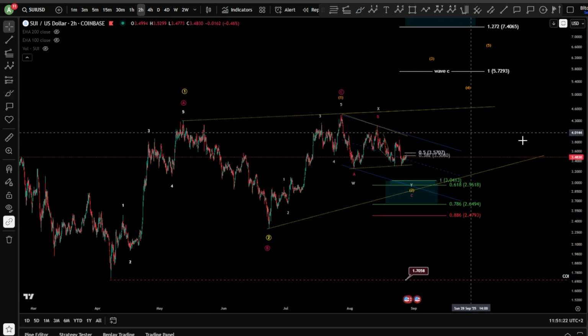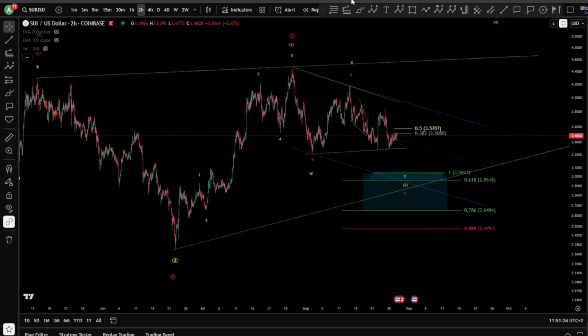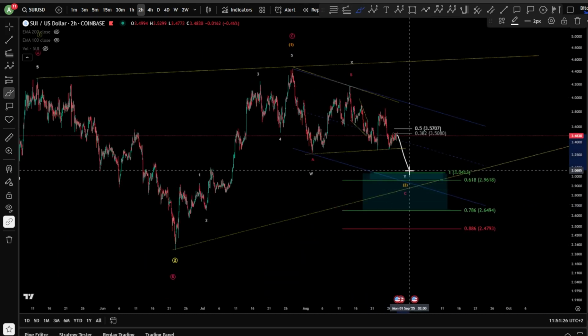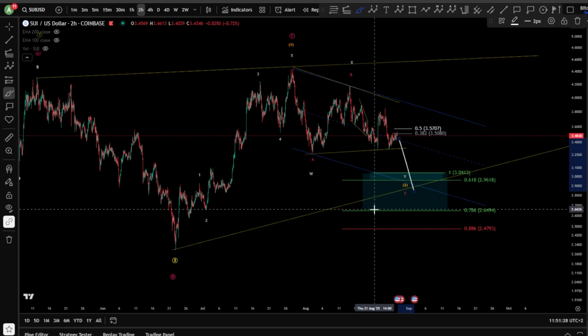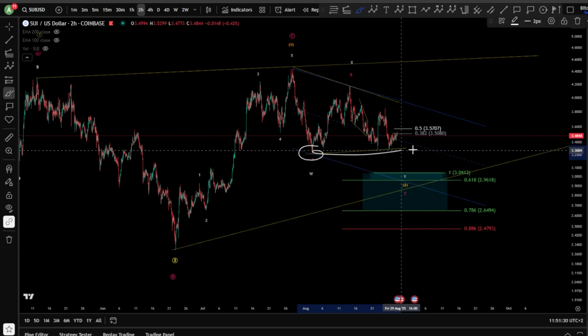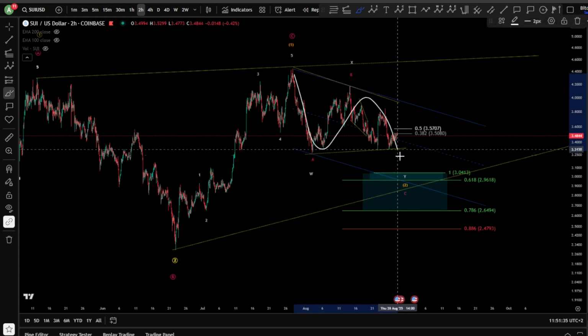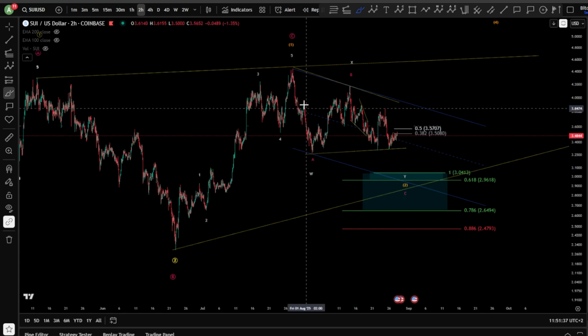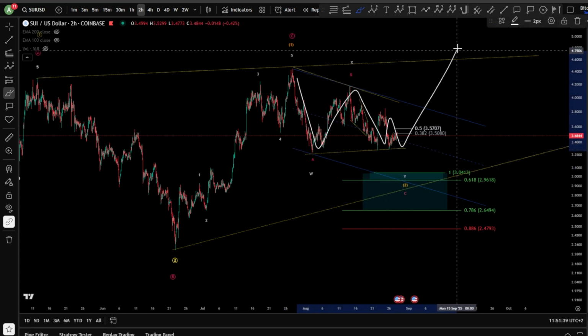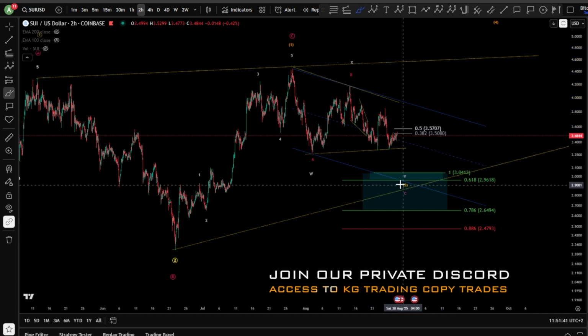So you want to break this triangle downward and take this potential low here to make sure that you are in either an ABC or a W, X, and a Y. Because within this triangle, you're going to be simply in a wave C toward the upside. There is no bull run.